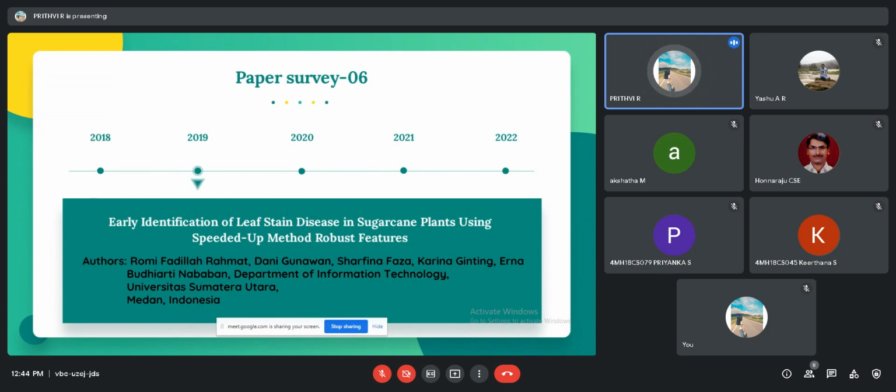The authors are Romi Fadila Rahmat, Dani Gunawan, Sharfina Faza, Karina Ginting, Erna Budiati Nababan. Here they discuss that their goal is to identify leaf stain in a sugarcane leaf, using speeded up robust features, which is used for tasks such as object recognition, image registration, and classification.